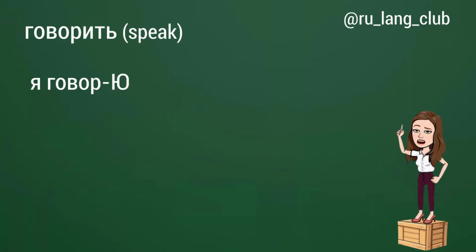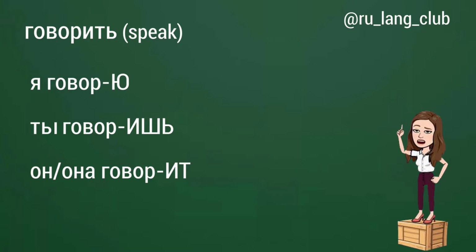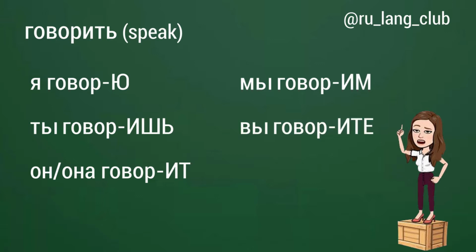Я говорю, ты говоришь, он говорит, она говорит, мы говорим, вы говорите, они говорят. As you see, here the same as for the first conjugation verbs, the form for я, the first person, is the ending ю.